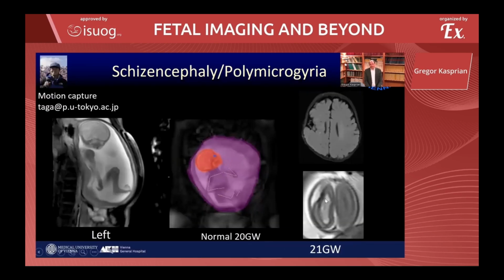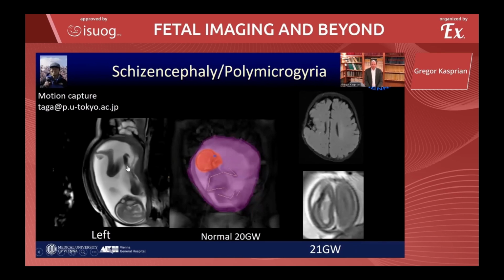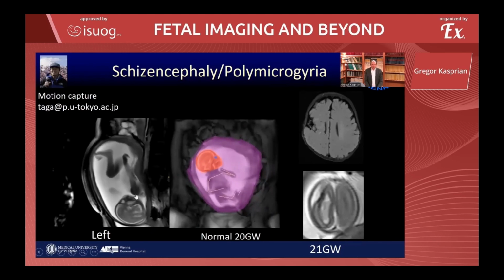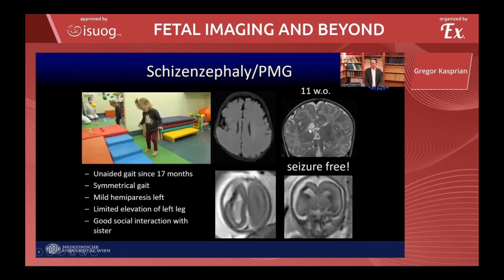One case, this one with the hemorrhage, was very interesting because there was polymicrogyria, but you could also already see prenatally with the motion analysis that one arm and one leg was moving less than the other. So we were fearing a little bit that, as the central region here is involved, this guy will end up with a hemiparesis.